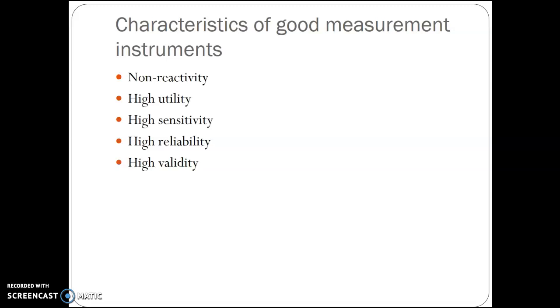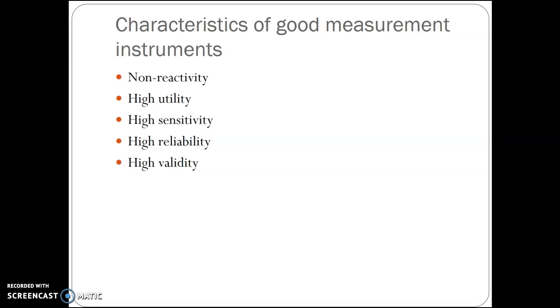And then sensitivity, this next point, is really a more complex issue than what I'm going to say here, but sensitivity has to do with whether the instrument is actually picking up the effect that you want to measure. This is related to a concept called statistical power, where there's a calculation you can do to figure out how many people you need for your study to be able to detect the effects you're looking for.